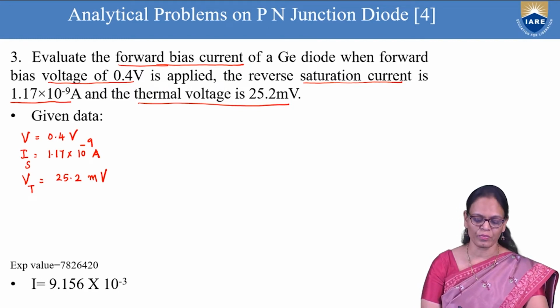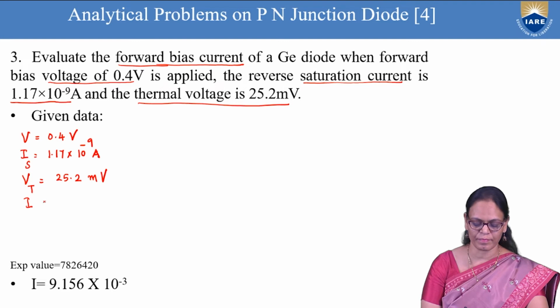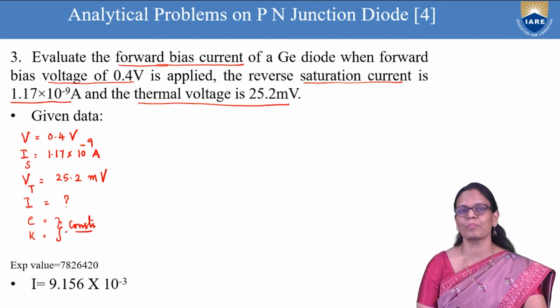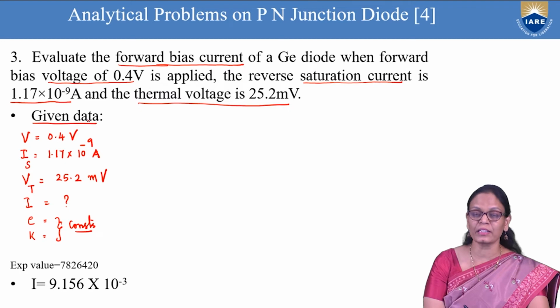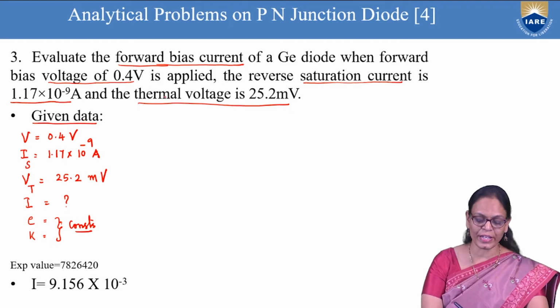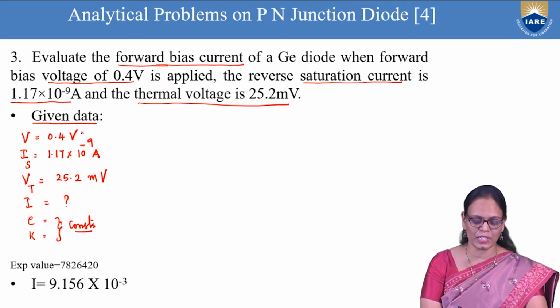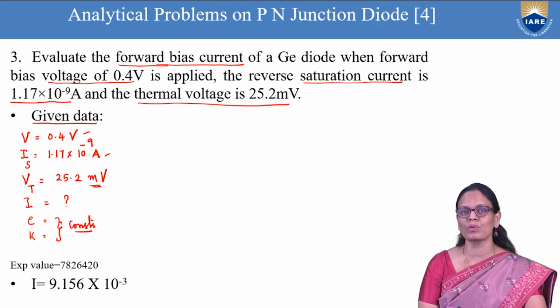And we have to find I. The value of E is constant and the value of K is also constant. These two are constants, which we have already written in the previous numerical. Now, after writing the data, we need to check the units. So this is in volts, this is in ampere. We need to convert this millivolt to volt.